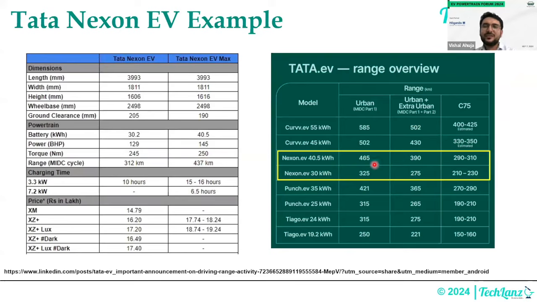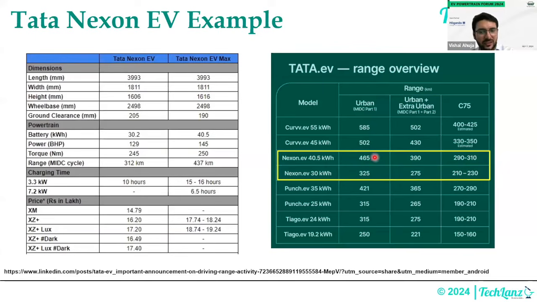The urban condition MIDC part one, which is called UDC, and part two, EUDC, combined give you 390. But for real-world application, they themselves publish that even though the MIDC part one range is 465, in the real world you will get a range between 290 and 310. And when I increase the battery capacity by 10 kilowatt hours, my range will only increase by 80 kilometers.